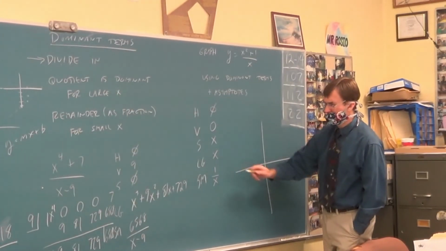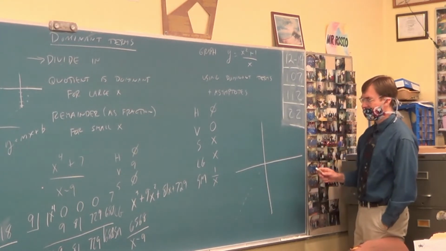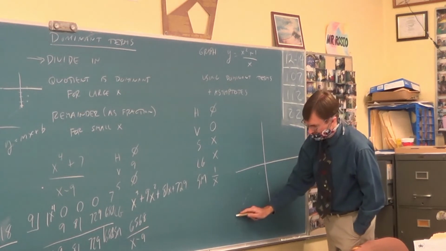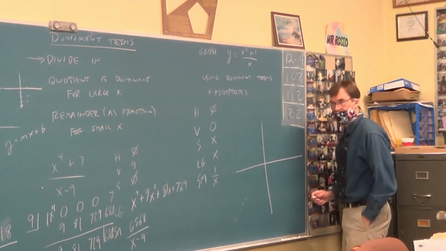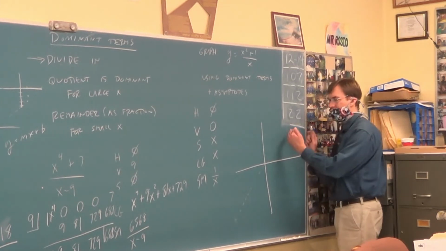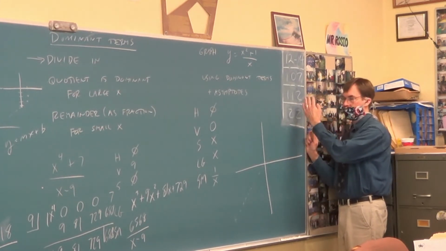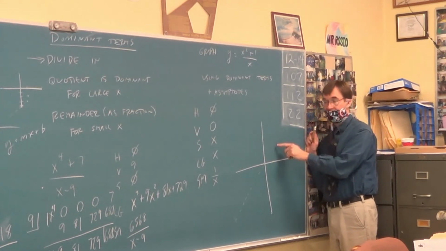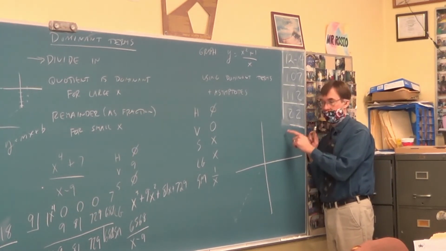If this is the dominant term for large x's, what I'll do is just put some gentle stars at the farthest ends of that graph. Because what this means is, as the graph gets way, way out to the right, it's going to get really, really close to this. It's never going to touch that because that's an asymptote. We're not supposed to touch.